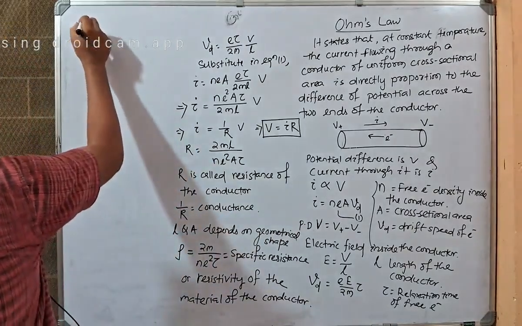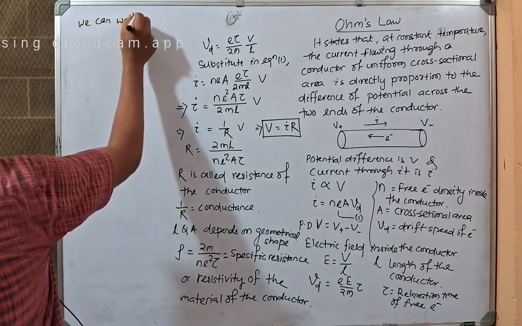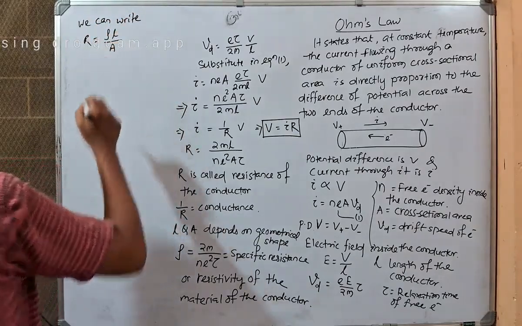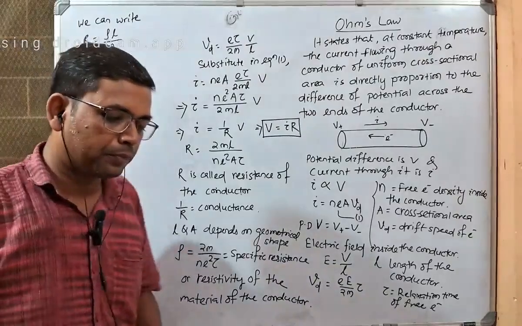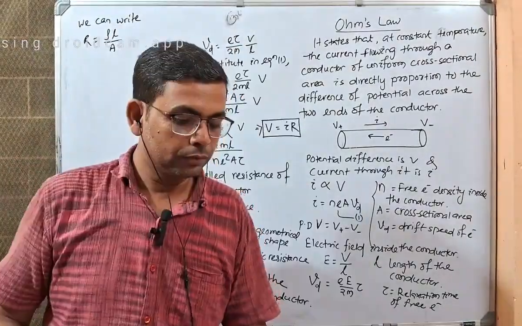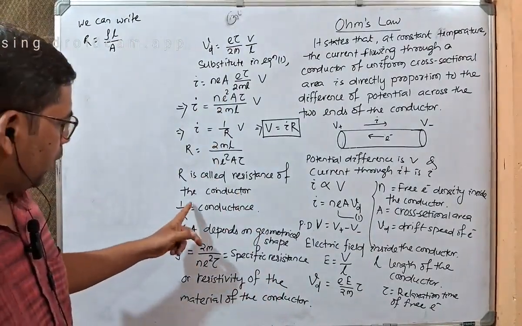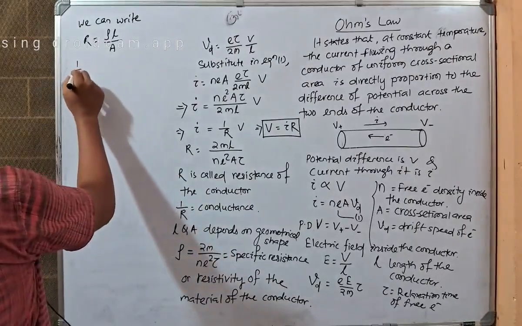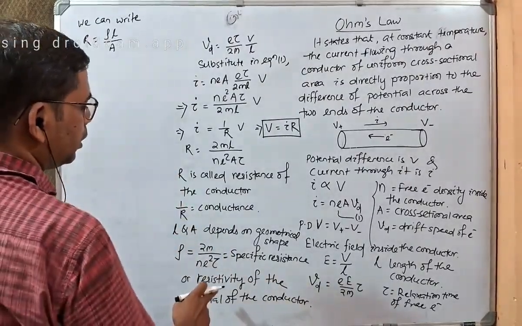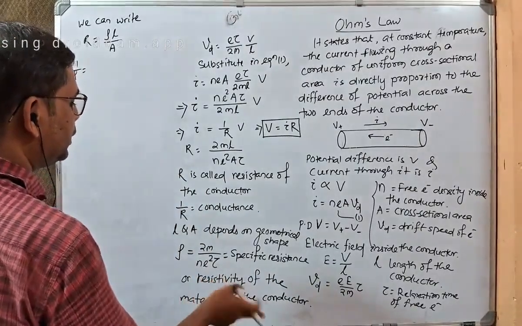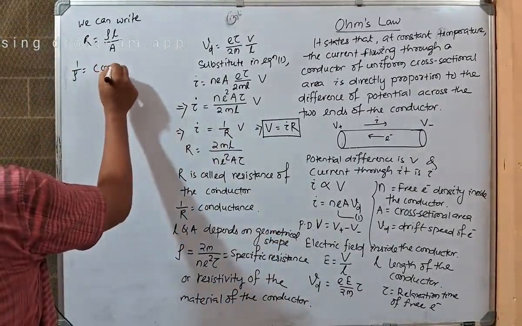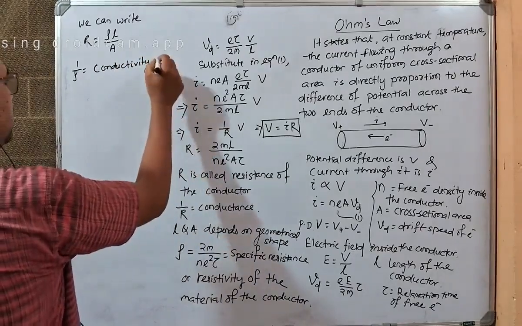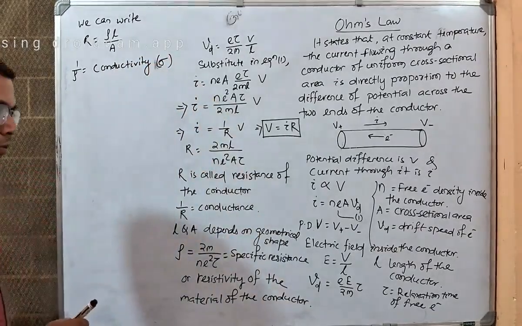We can write R is equal to rho L by A. Also, the inverse of resistivity, 1 by rho, is known as conductivity. Its symbol is sigma.